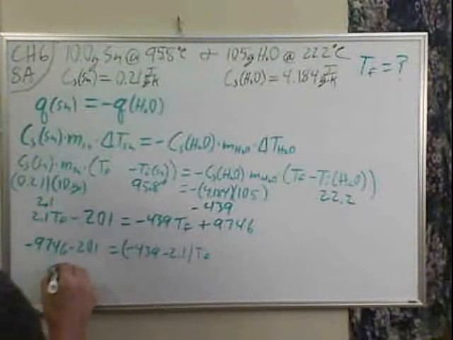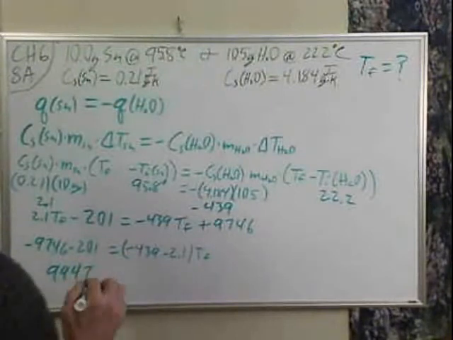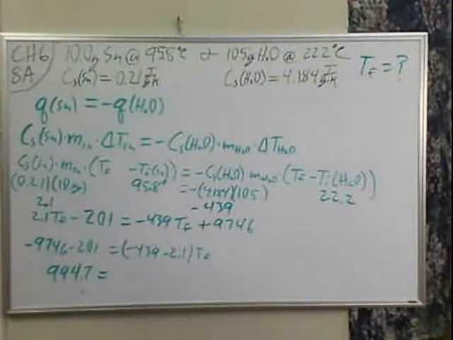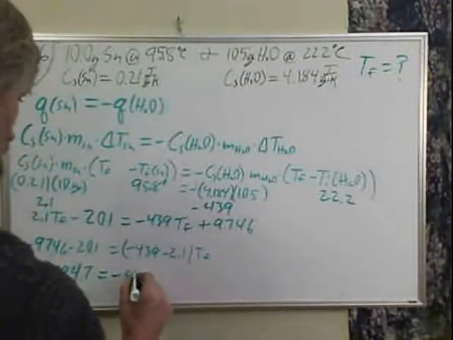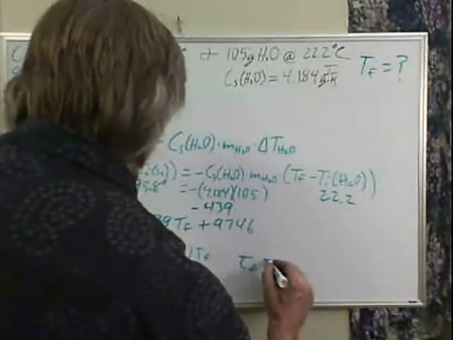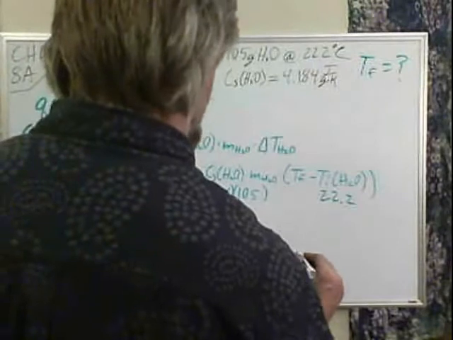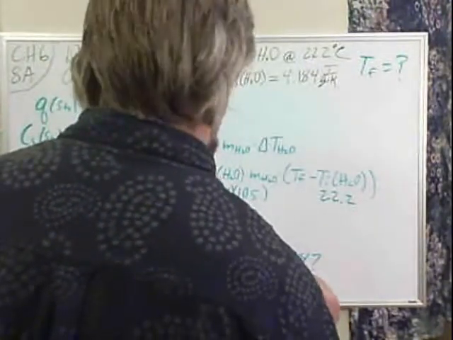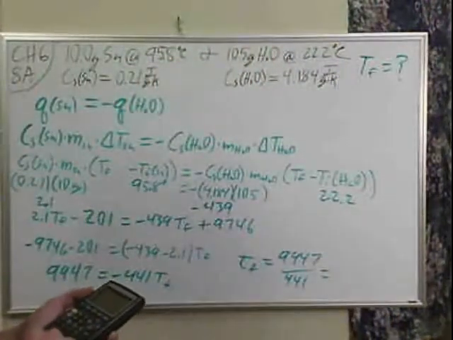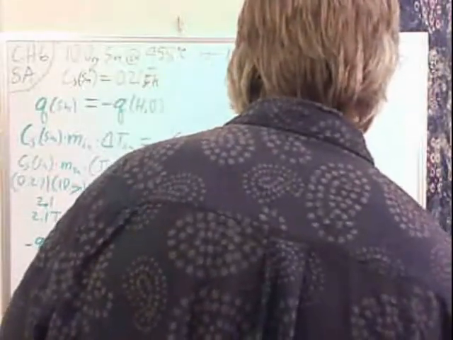We got 9947 and minus 441 TF. So final temperature is 9947 over 441 equals 22.6 degrees Celsius.